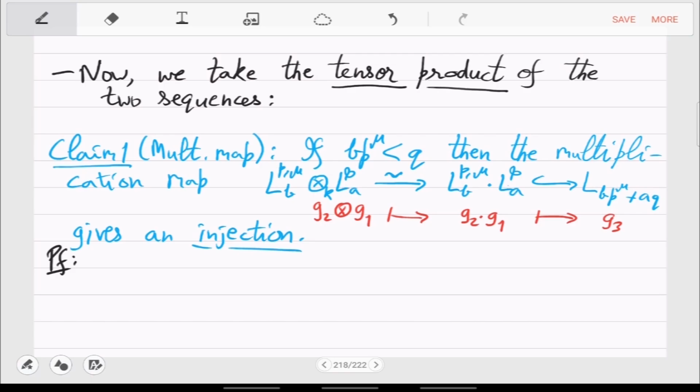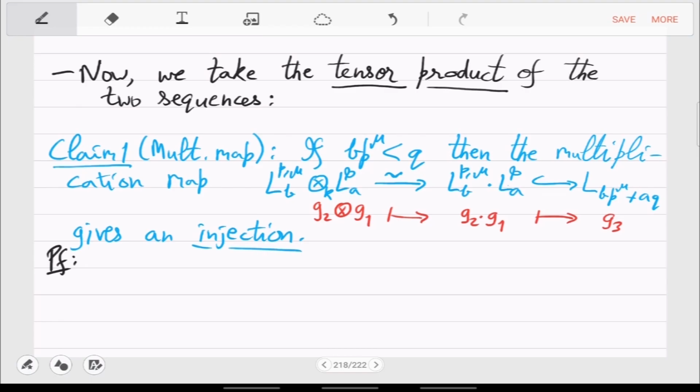In general, the way this action will extend is you will have a sum of rank 1 tensors. Each rank 1 tensor will be converted to a polynomial by multiplication, and then you sum it up. So you remain in L(BP^mu plus AQ). That's an injection. The first arrow may not be an injection because it's a sum of rank 1 tensors, and when you multiply, it may be 0. That's very much possible because tensor may not behave well with function multiplication, ring multiplication.